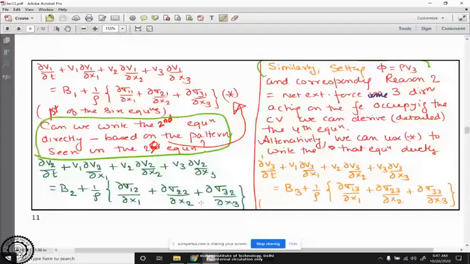Then next time onwards you will feel confident to just use the pattern to write the equation. So this is for V2, and similarly, we can get the equation for V3 here.